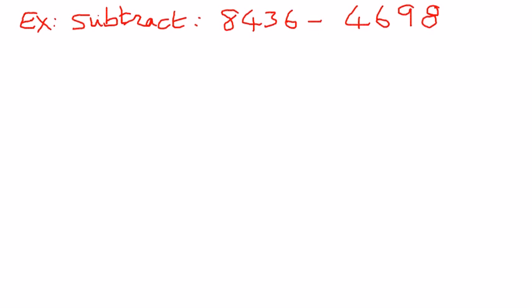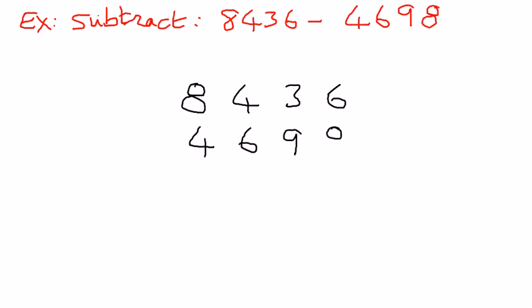When the numbers are of this nature, let us write them down and then I'll explain some more. We have 8, 4, 3, 6, and then we have 4, 6, 9, 8.